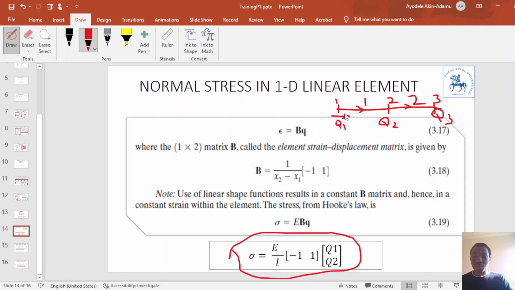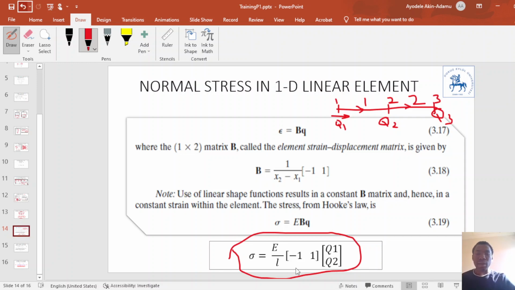The L is the span of each linear element. The L for element 1 is the distance between node 1 and node 2, while the L for element 2 is the distance between node 2 and node 3. So this formula is very important in calculating the normal stress for one-dimensional linear elements.